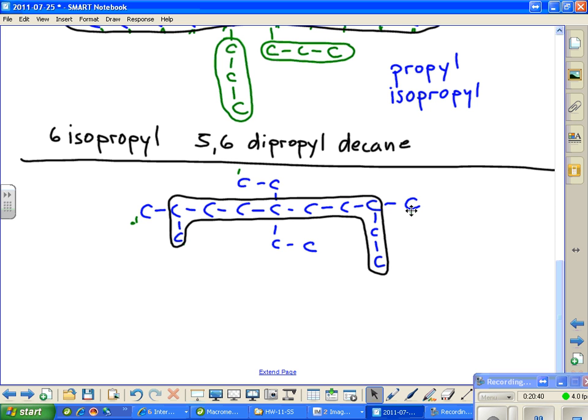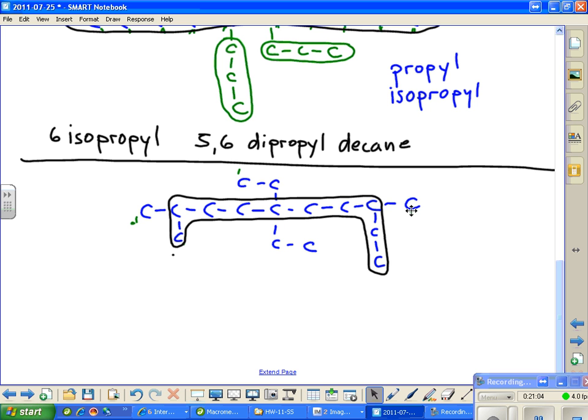Now look at it. Do you see how the substituents pop out? Let's count it. Let's go from the far left end. I'll start right here. Okay? 1, 2, 3, 4, 5, 6, 7, 8, 9, 10. That's the longest chain.